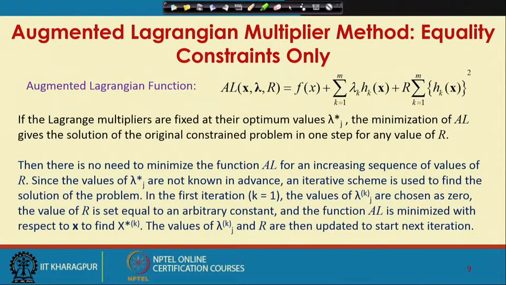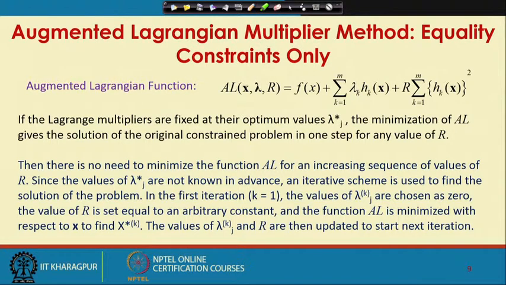In the first iteration, the values of the Lagrange multipliers are chosen as 0, the value of the penalty parameter R is set equal to an arbitrary constant, and the augmented Lagrangian function is minimized with respect to the decision variables x to find the optimum value of the decision variables.